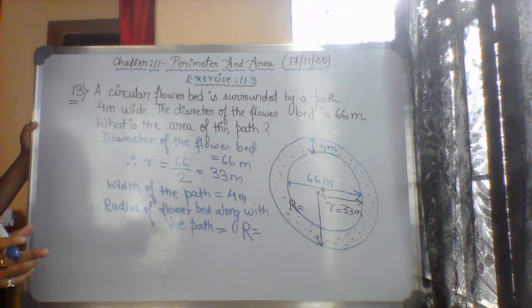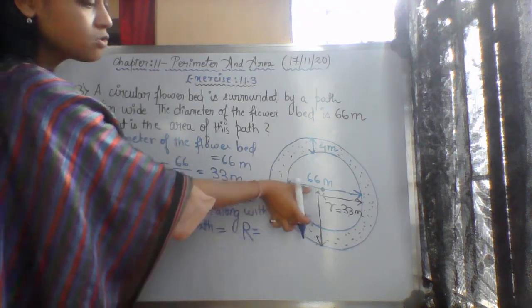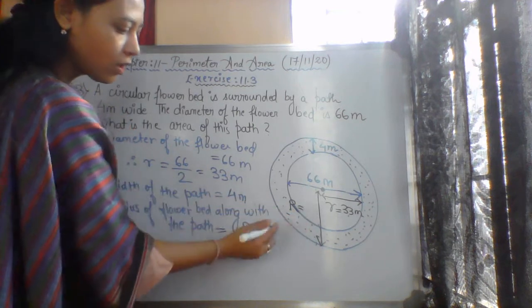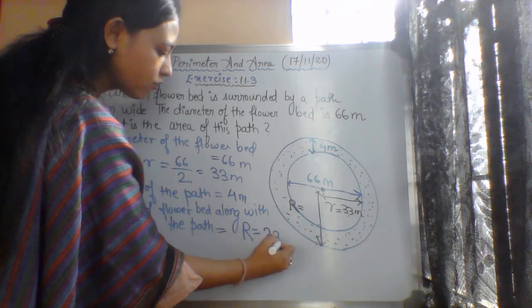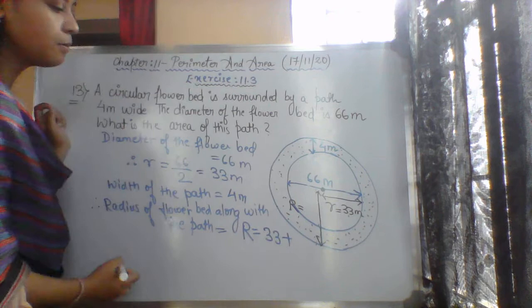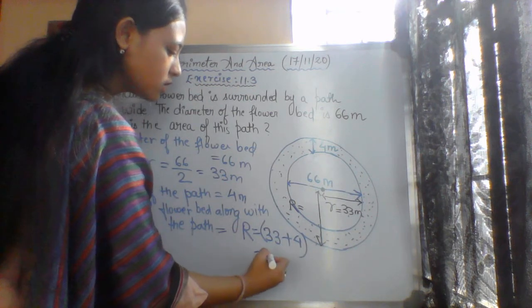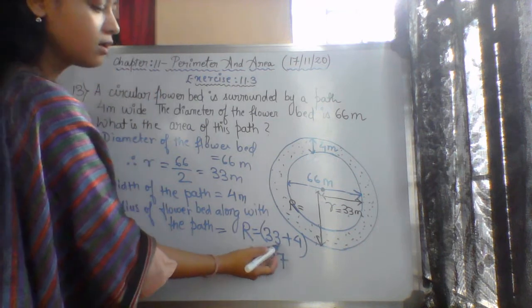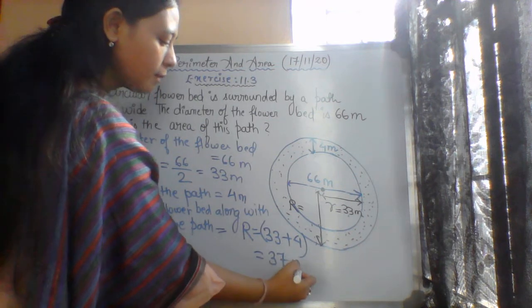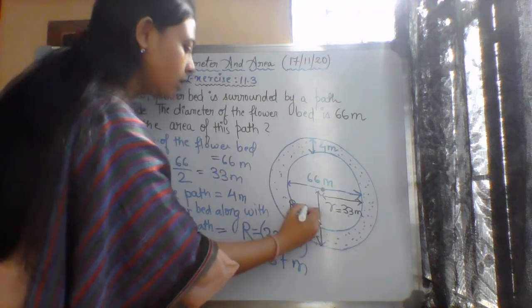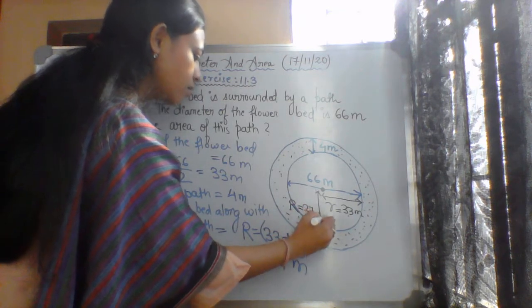How much will that be? Smaller circle radius plus this width. Smaller circle radius I have got 33 meter, plus this width is 4 meter. So 33 plus 4, 37 meter. So the greater circle radius is also 37 meter.